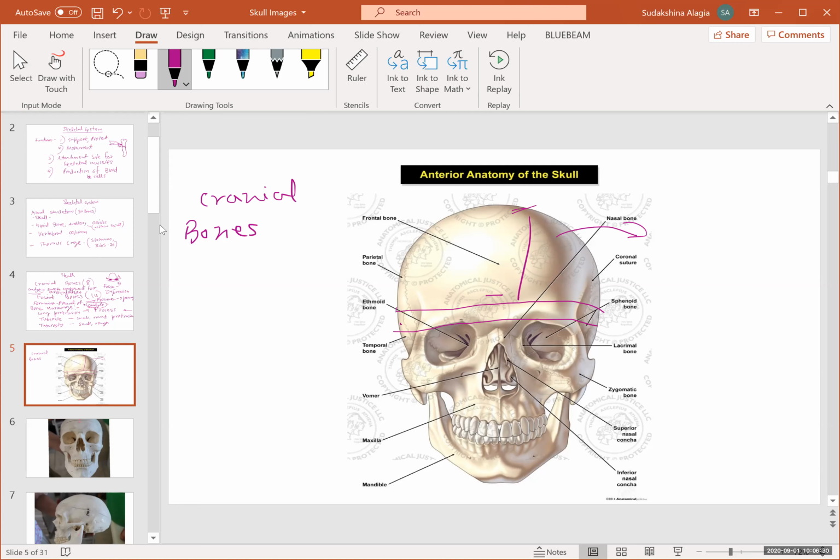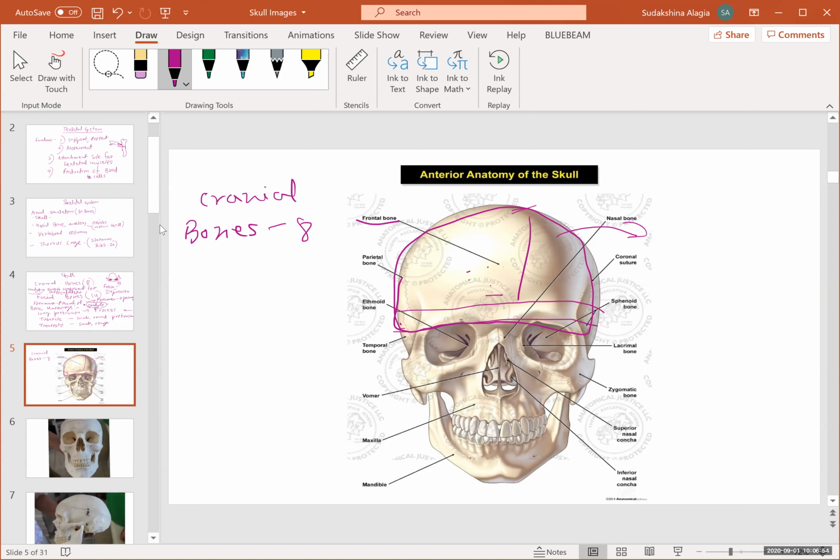So the 8 bones that form the roof, this top portion above the orbit, this is where your brain is, the cranial cavity, you studied that. So the bones that together form the cranial cavity are the cranial bones. Okay.